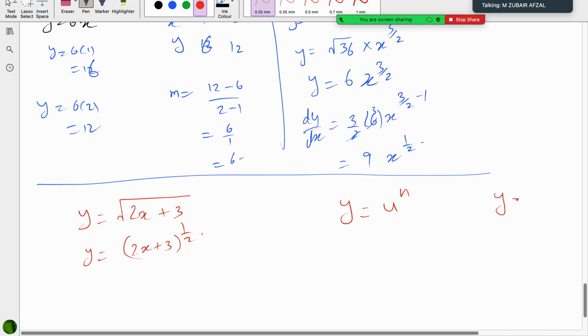First we did x raised to power n. Now this is u raised to power n. U is some function. So dy by dx is equals to, bring the power down, subtract 1 from the power, and next step is multiply with the differential of u.